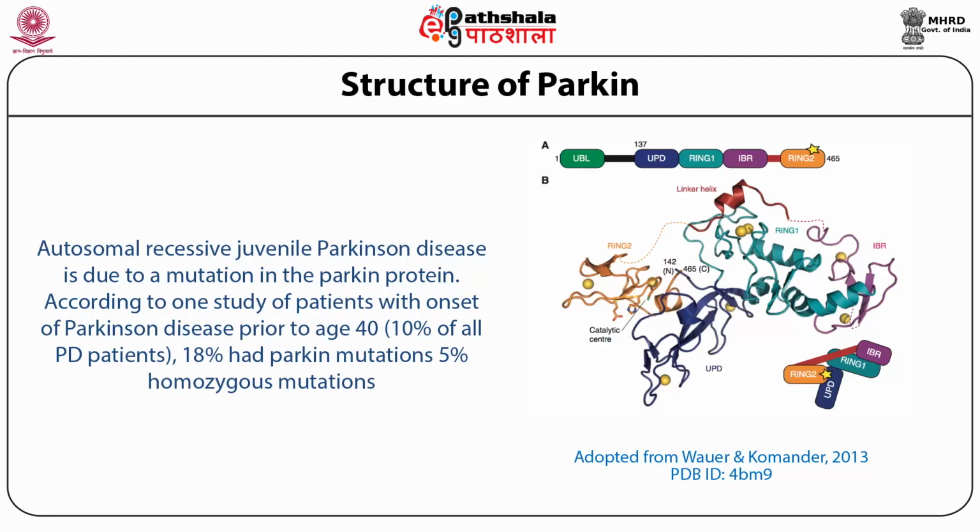If you see the domain structure of the Parkin protein, the last domain, RING2, is where the mutation is generally seen, which causes the dysfunction. When this doesn't do ubiquitination, the protein degradation is hampered, and those proteins start forming aggregation.